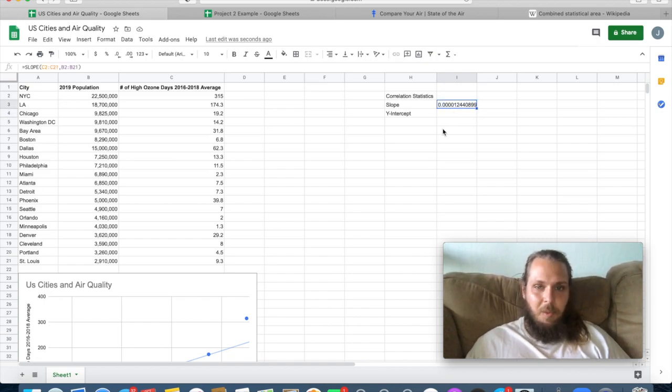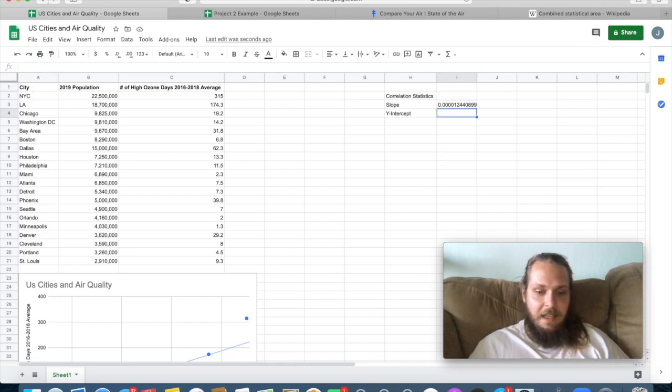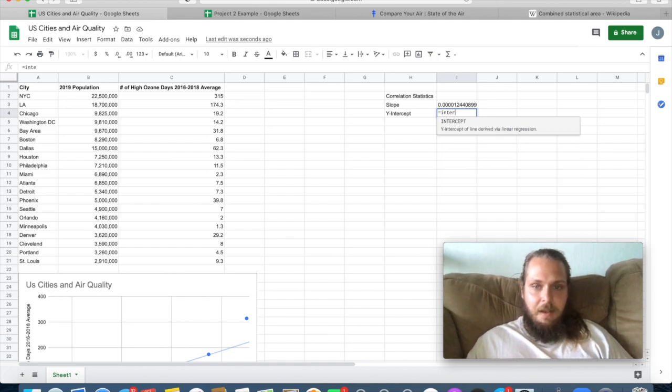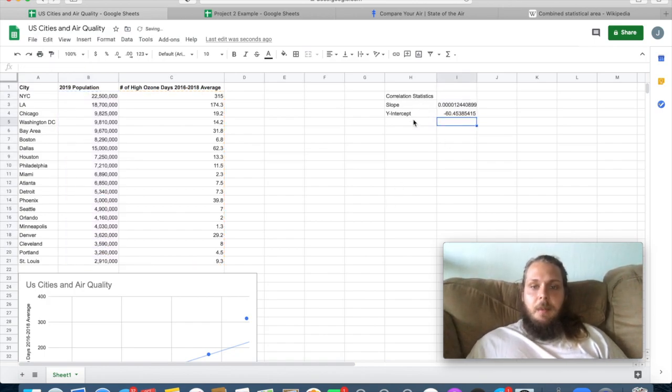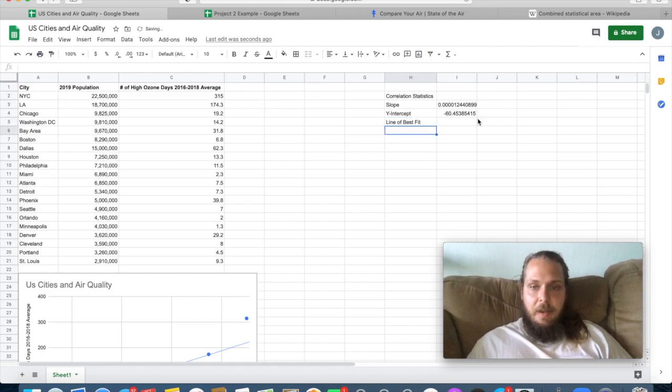But again, whenever you want to find a statistic on Google Sheets, you're going to press equal and then some sort of key phrase. And I give you all those phrases in the video. Y-intercept is just intercept. The same concept. So I have my slope and my y-intercept, and I just want to write them in an equation so that we can visualize it.